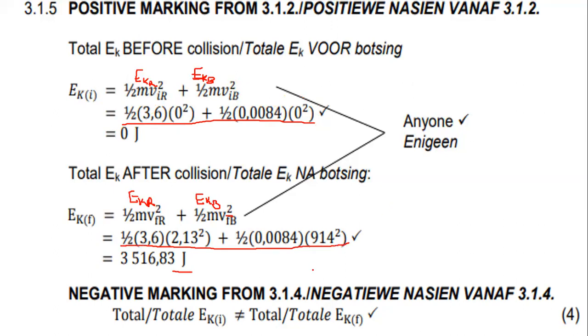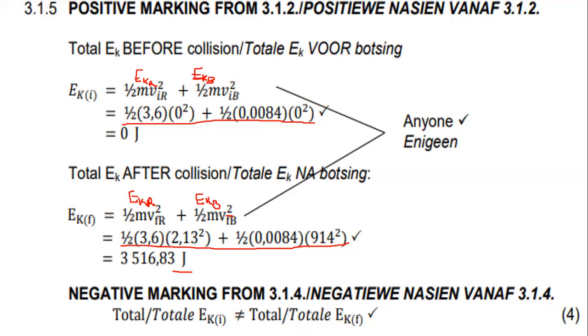Then for completely answering what they asked you, which is the reason that you were supposed to give as to why you said in 3.1.4 this particular collision is inelastic, you would then say the total kinetic energy before the collision is not equal to the total kinetic energy after the collision.